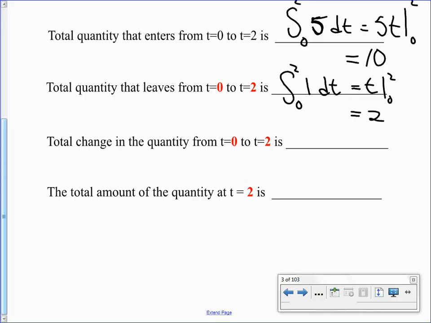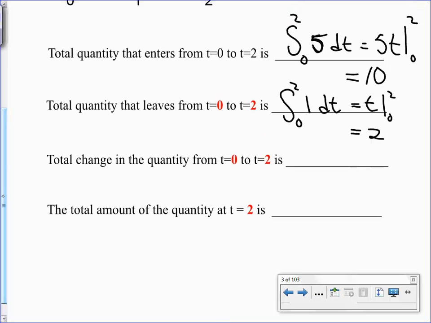What's the change? Subtract, right? You could take the total amount that enters and subtract the total amount that leaves, and what would you get? You get 8, right? So there'd be a change of 8 cubic inches over the first 2 minutes.